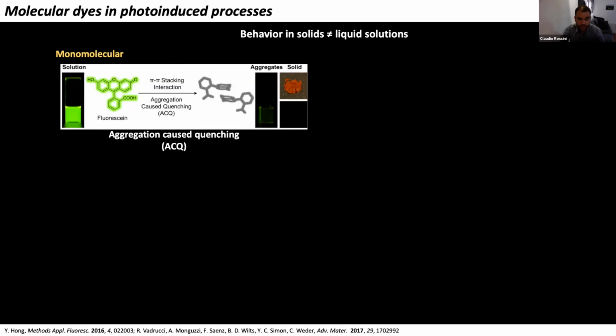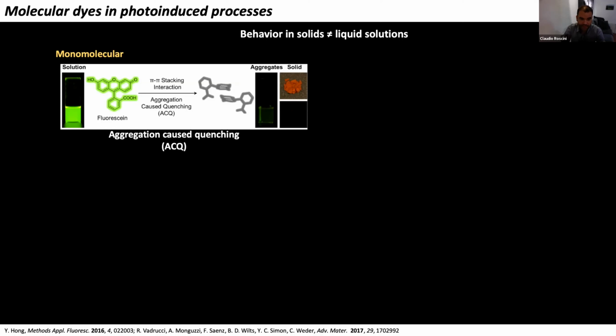So one example is the fluorescein, which we know is a very high fluorescent dye when it's in a water solution. But it becomes non-fluorescent when it's in its crystalline state because of aggregations.